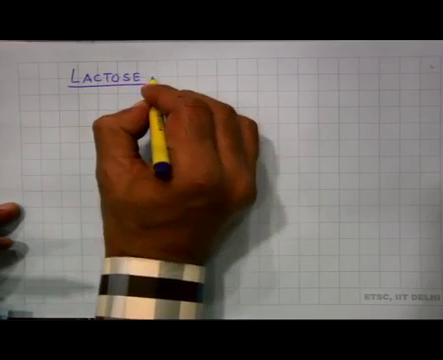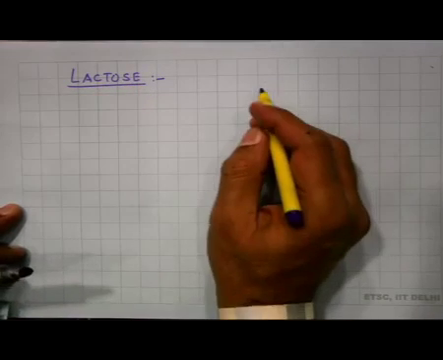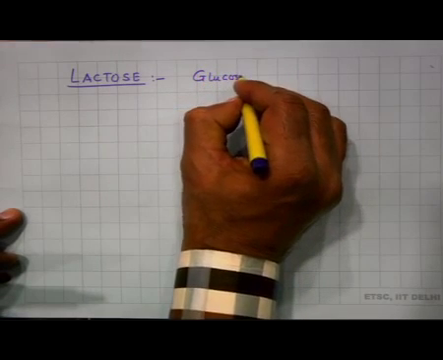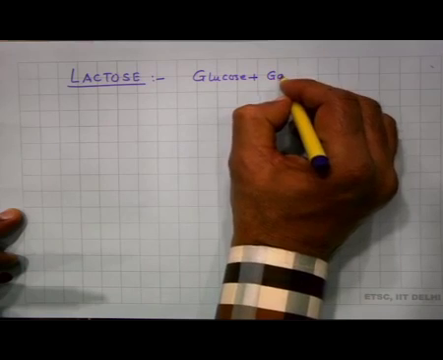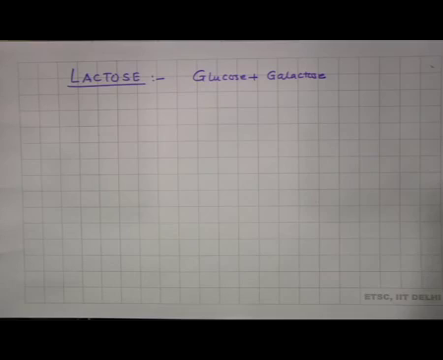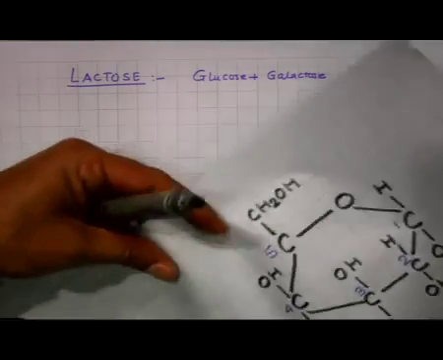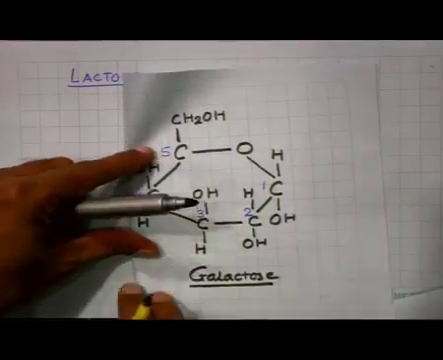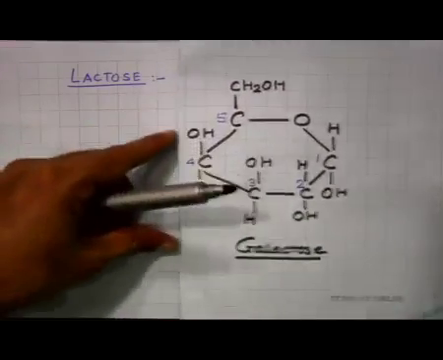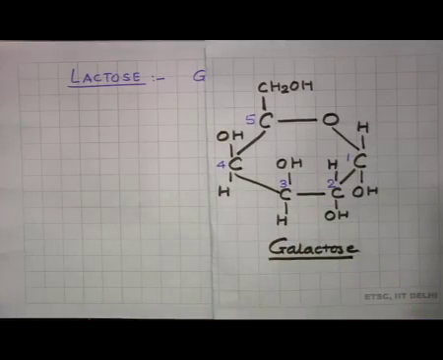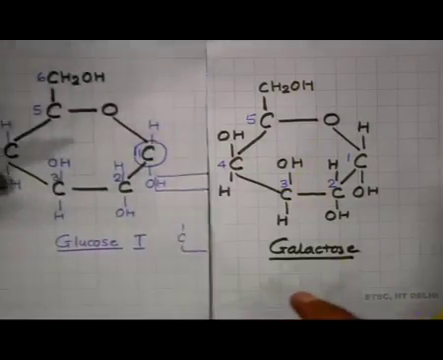Lactose is also a type of disaccharide which is formed by glucose plus galactose. Now, when you write the structure of galactose, we have just written the ring form of galactose. This is the ring form of galactose, here is the ring form of glucose.